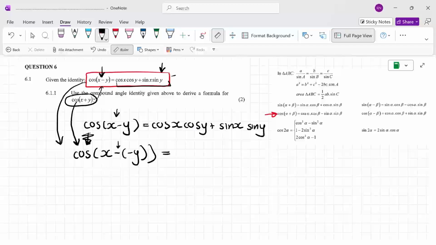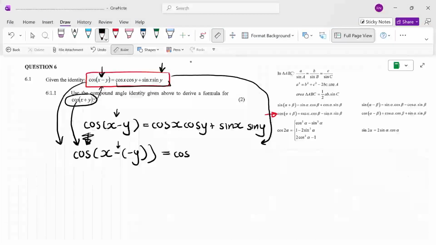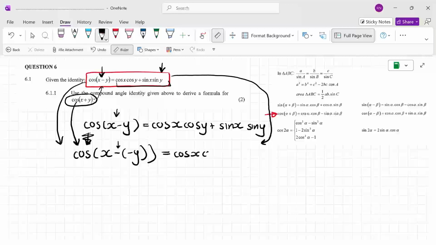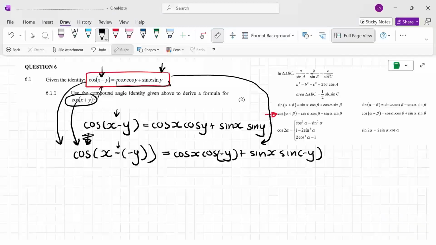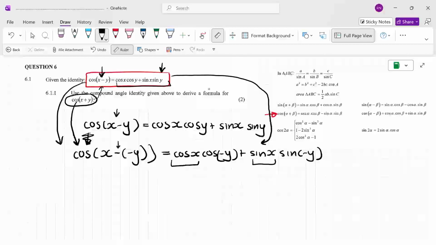If I'm using this formula, I'm going to write it as cos of x cos of minus y plus sine of x sine of minus y. Okay, right? Now this part is fine, but these negatives, I need to find a way to rewrite those.